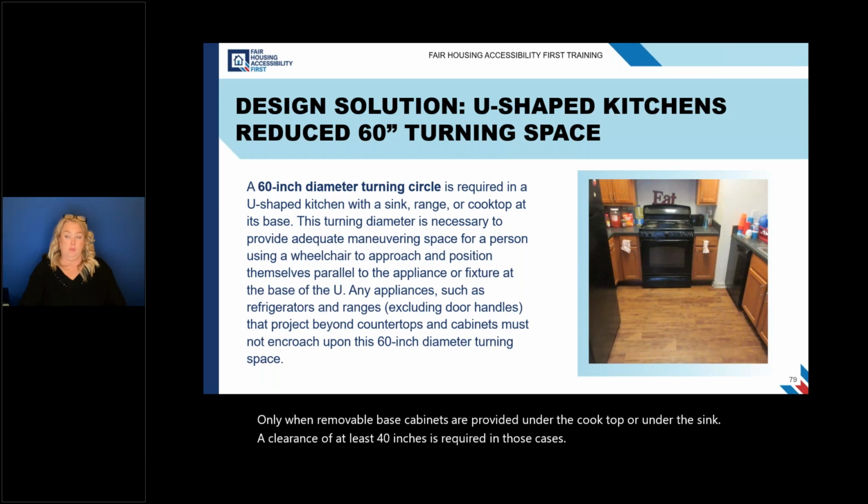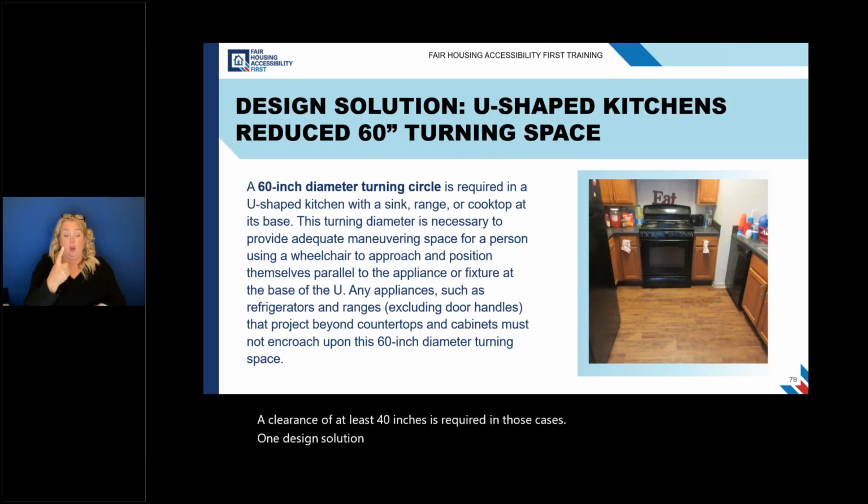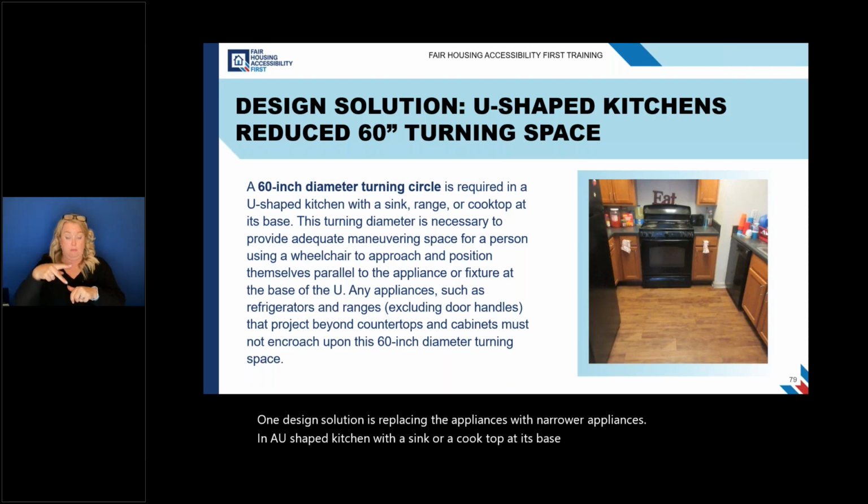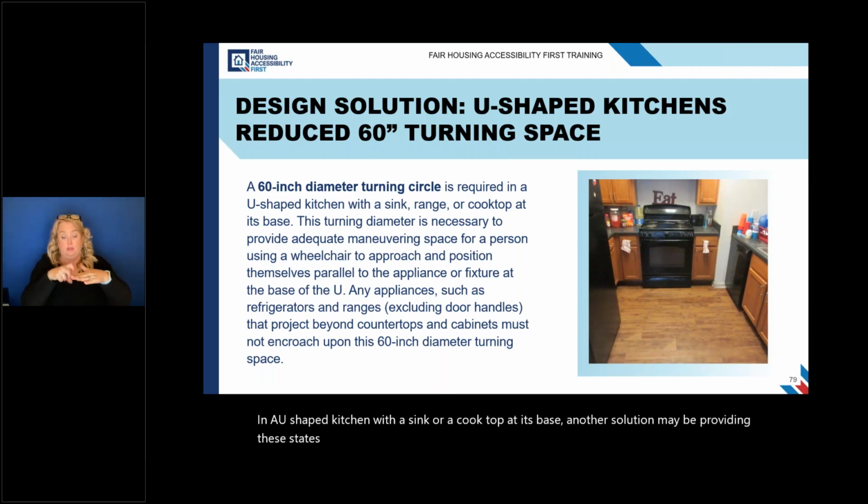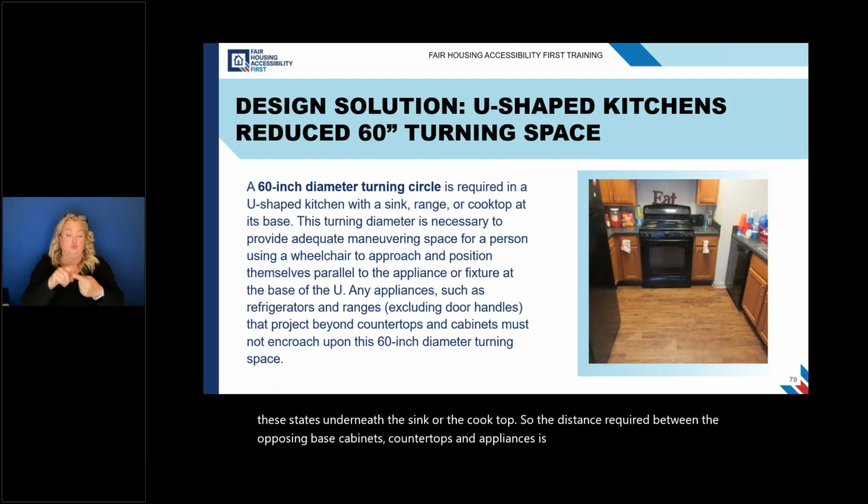One design solution is replacing the appliances with narrower appliances. In a U-shaped kitchen with a sink or a cooktop at its base, another solution may be providing knee space underneath a sink or the cooktop, so the distance required between the opposing base cabinets, countertops, and appliances is reduced to 40 inches.